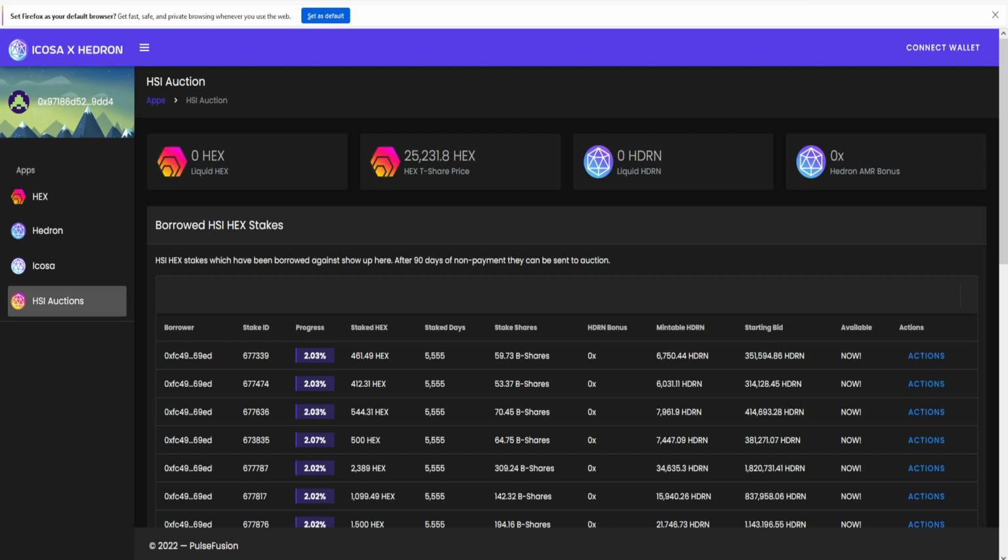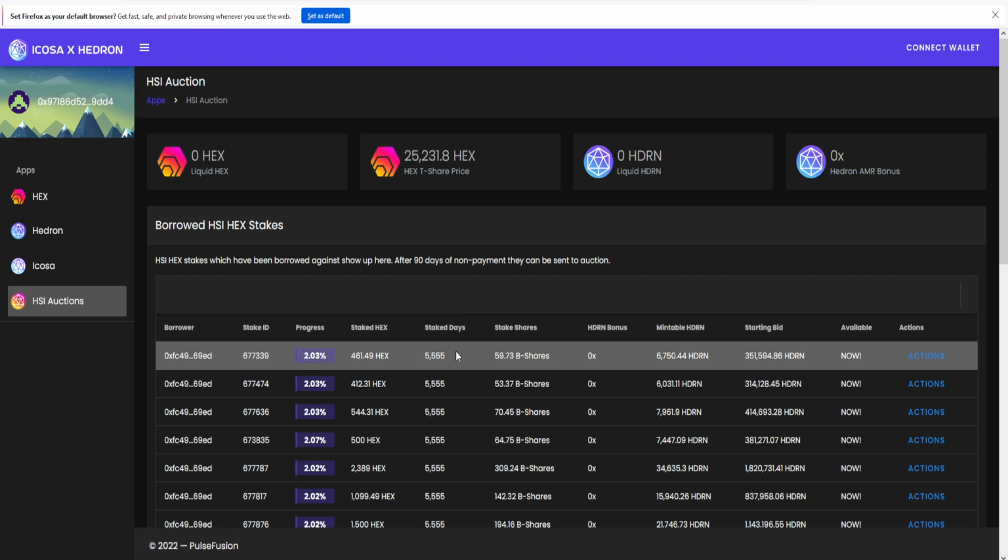I think some people will be triggered, and don't get me wrong, I love this ecosystem. I've got stakes in the Icosa staking pool, I've got staked Hedron, and I'm a participant in the auctions, but this is my opinion.